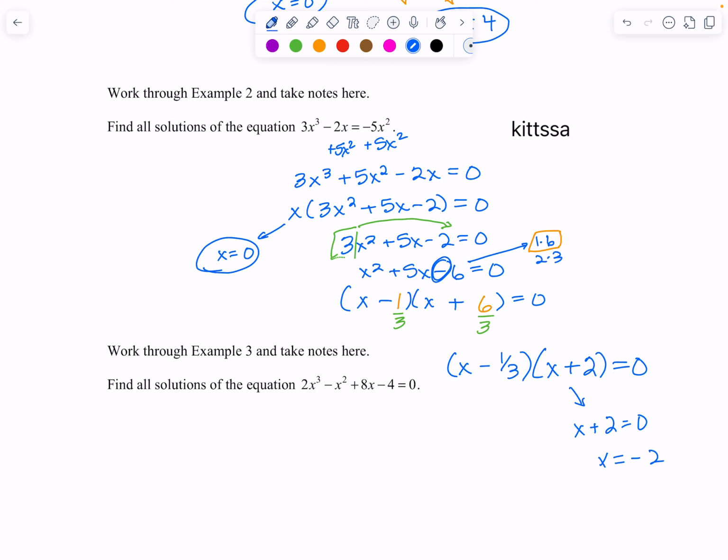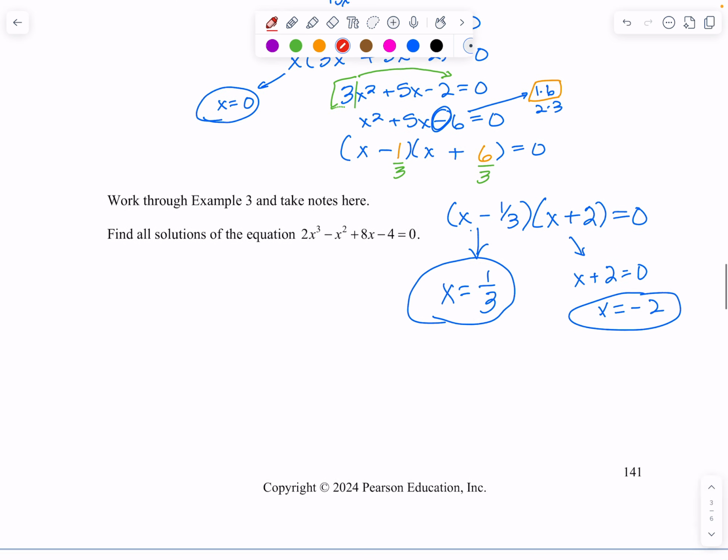Or you can just say, I know it's going to be the opposite, so that's going to be a positive 1/3. So we actually have 3 answers. And that makes sense because we have x to the third. If you have x to the third, you'll have 3. X to the 12th, you'll have 12. We're not going to work in x to the 12th, but you get the idea.